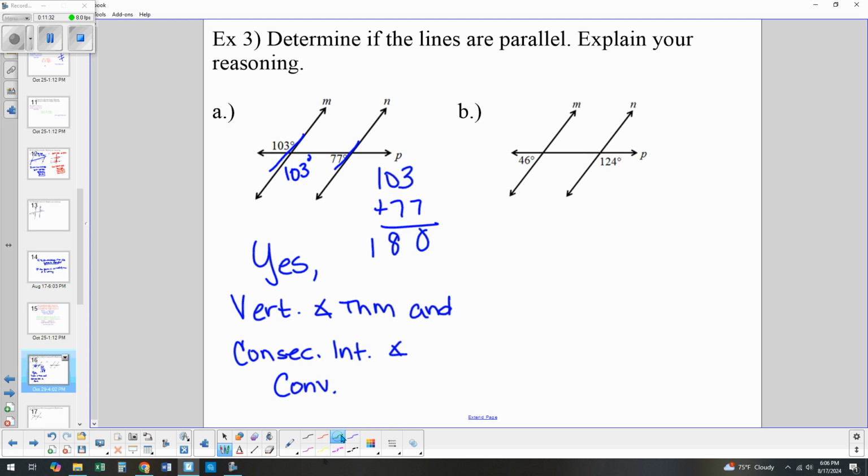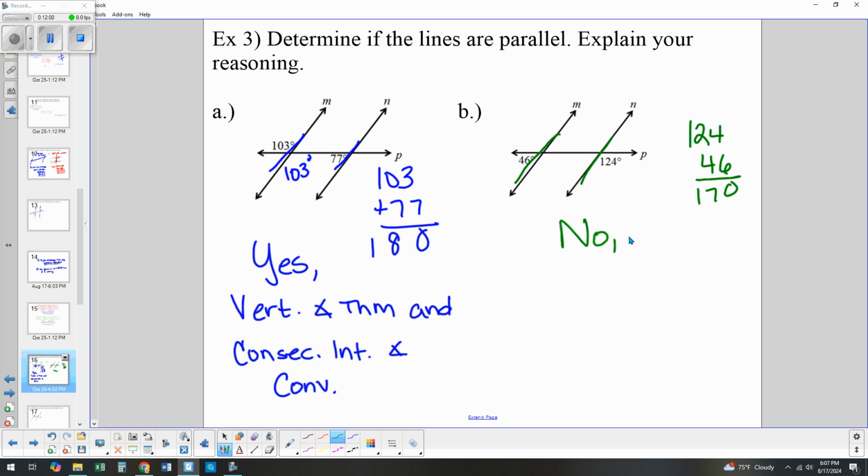If I look at B, these are outside the lines, so there's some sort of exterior, and they're on the same side of the transversal, so those are consecutive exterior angles, which should also be supplementary. So if I check 124 plus 46, I only add to 170. So this is no, but it does say explain your reasoning, so I have to say why it's no, and it's not just because they added to 170, because that's not explaining enough.